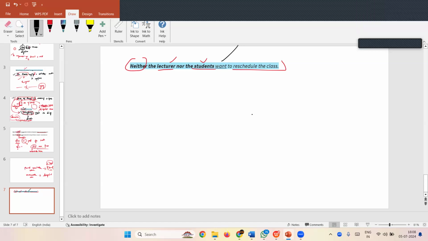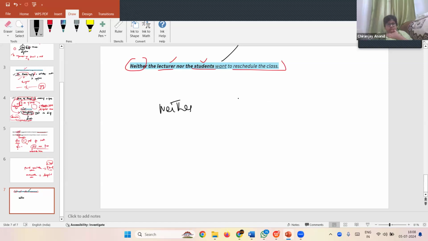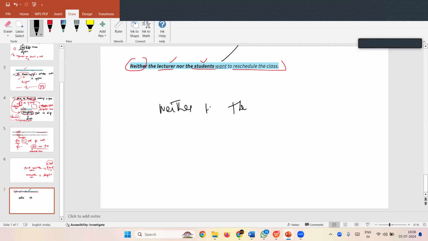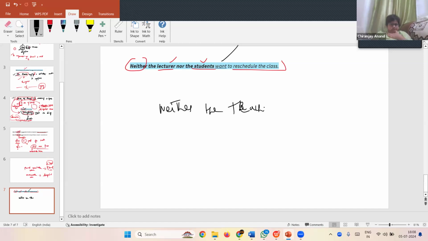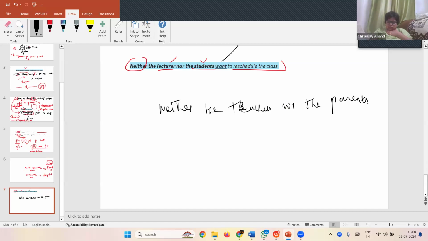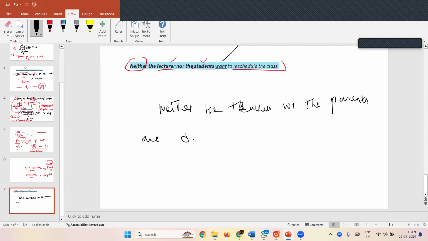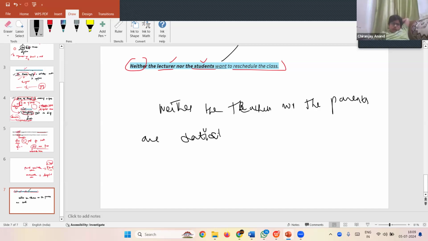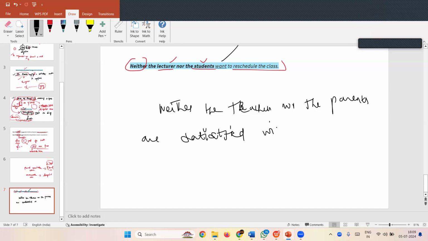See this sentence. I'll tell you another sentence. Tell me whether it is correct or not. Neither the teachers nor the parents are satisfied with the results.